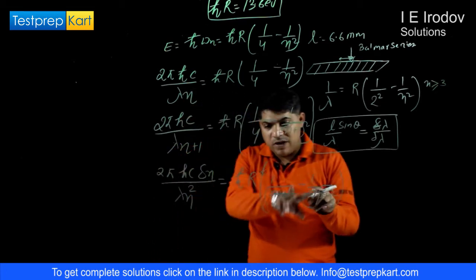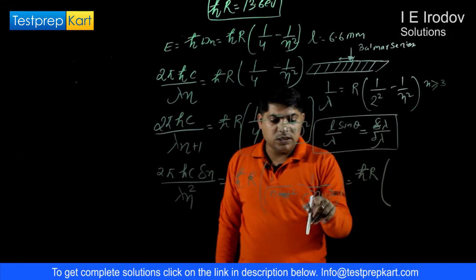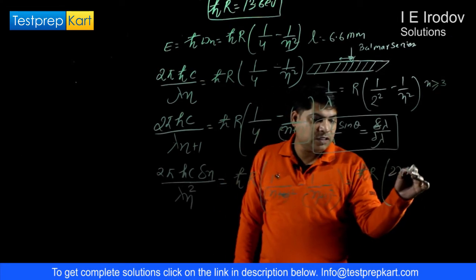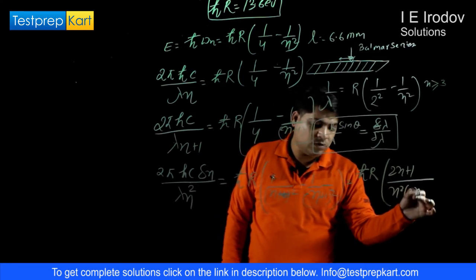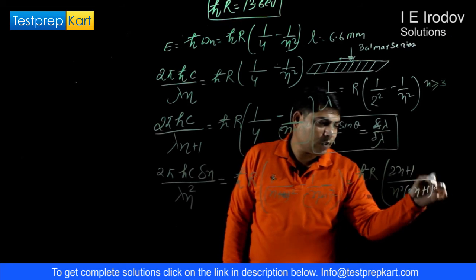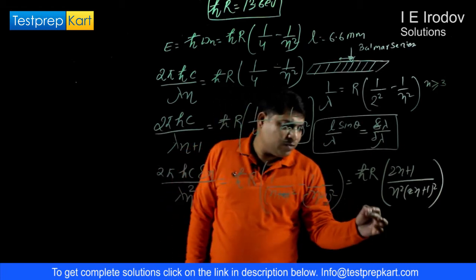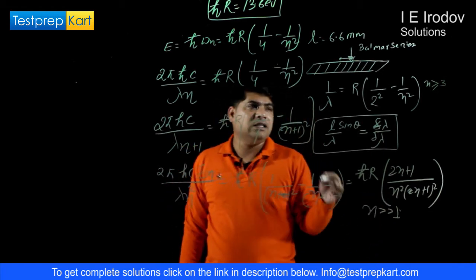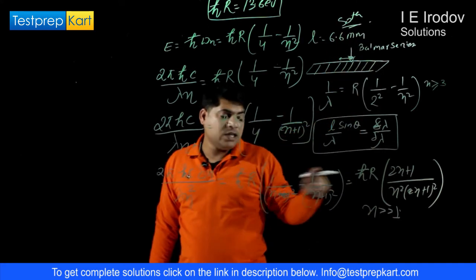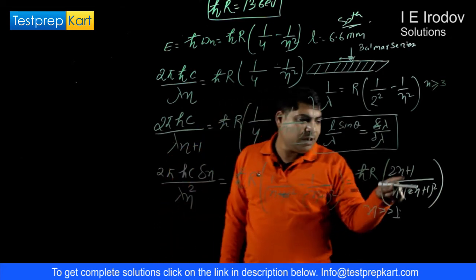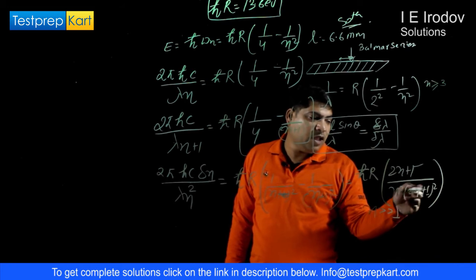If we open these brackets, what do we get? h R times (2n plus 1) divided by n square into (n plus 1) whole square. Now, if we assume that n is very much greater than 1, since it is given the 50th line of the Balmer series, then we can make the approximation: neglect this 1 with respect to n, and neglect this one with respect to n plus 1.